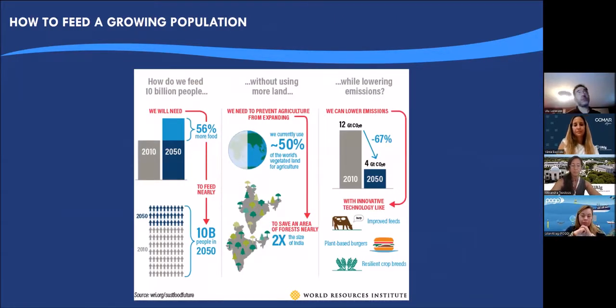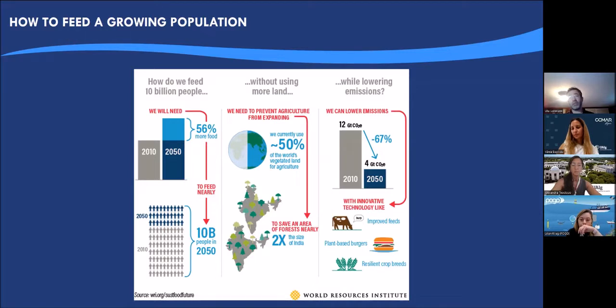So by 2050, we will need 56% more food in the world to be able to feed everyone. But one of the biggest challenges is we cannot continue destroying our planet, particularly on land, and destroying the soil for agriculture, because it is already unsustainable in many places of the world. In many places there are no nutrients in the soil, and there's no soil to be used for agriculture.